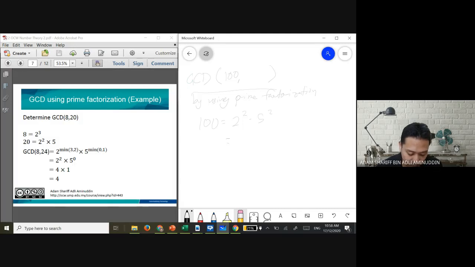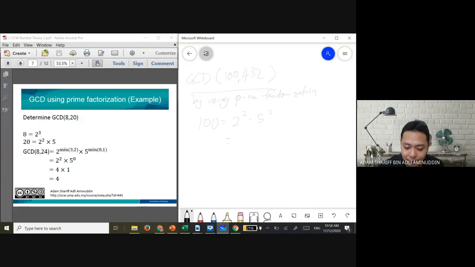Okay, kali 4. Saya terbalikkan nombor, terus cantik.